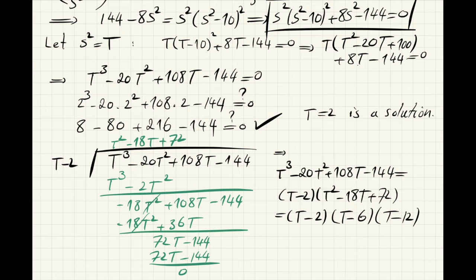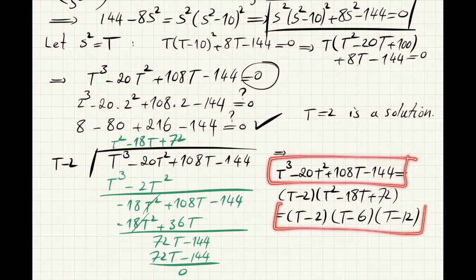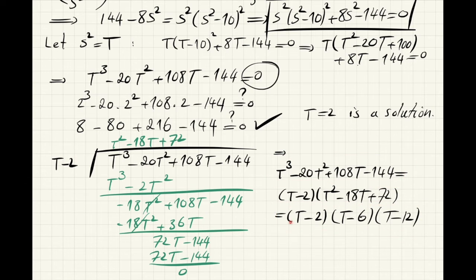Yes, because if you multiply these two together, minus 6 and minus 12 becomes minus 18, and the product is exactly positive 72. Okay, so I am supposed to solve this equation equal to 0. Putting this equal to 0 means that one of the factors is equal to 0, and by the zero product rule, t is either 2 or 6 or 12.